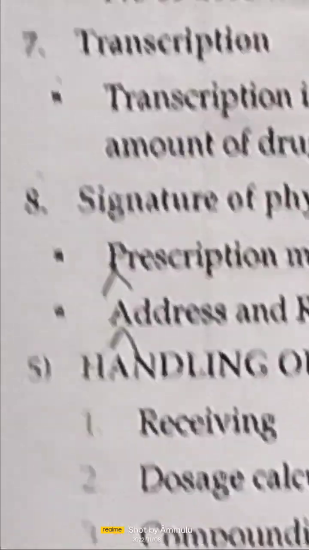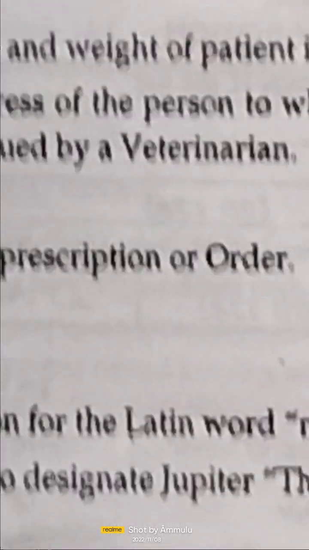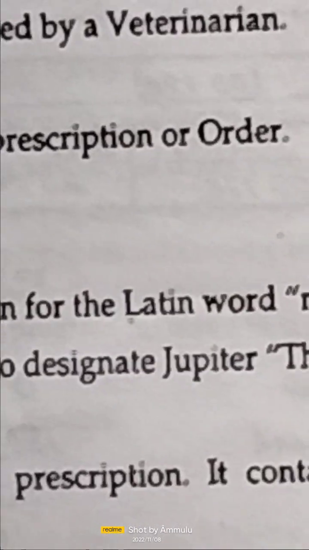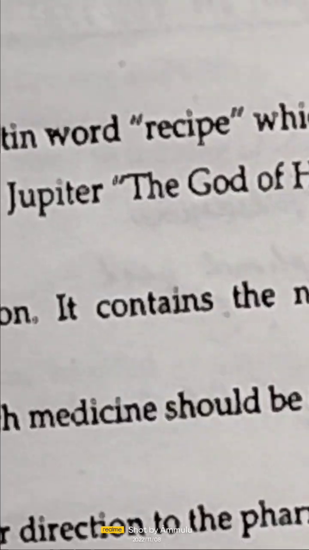These are the parts of the handling of prescription. In receiving, the pharmacist should himself receive the prescription. It includes reading the prescription, checking the prescription, dose calculations, and then compounding.